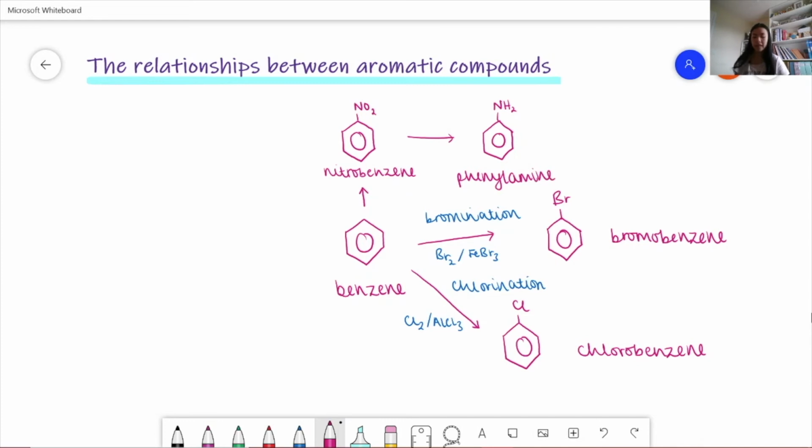And then with this phenylamine, we can add some bromine, and so we'll form this benzene with this amine group, and also three bromines.